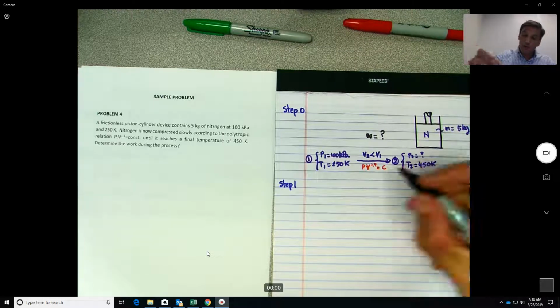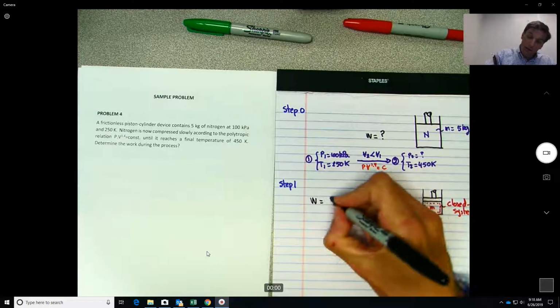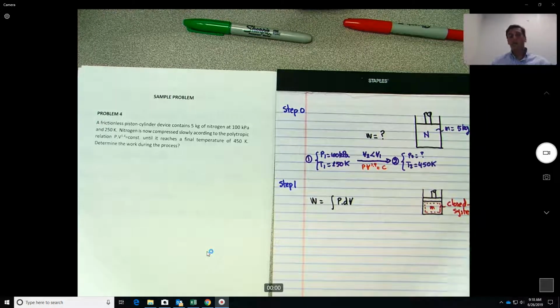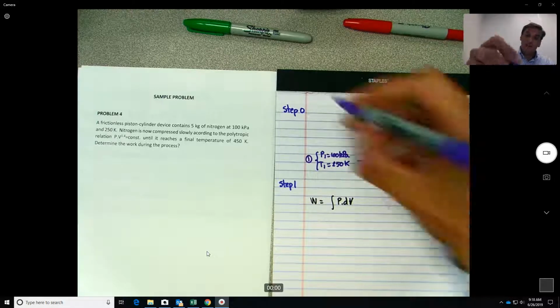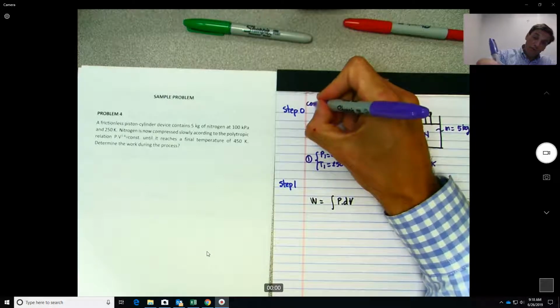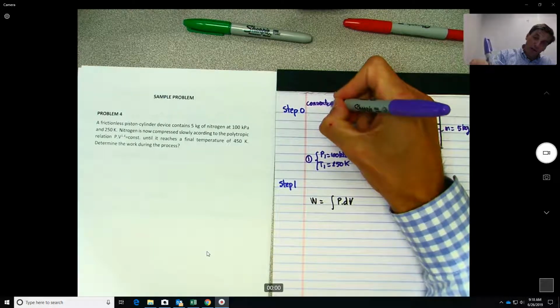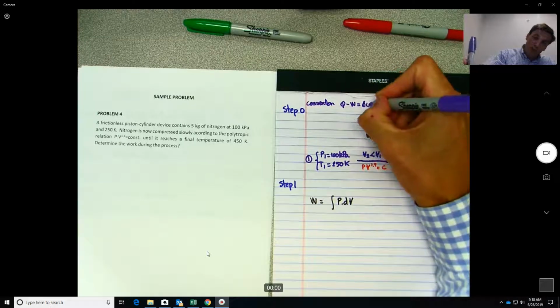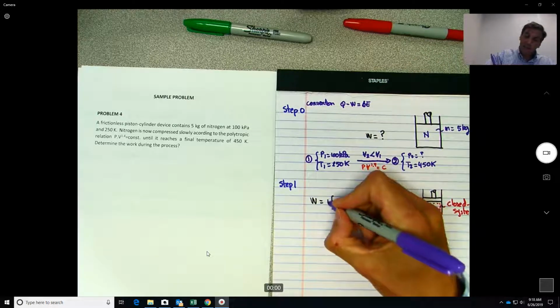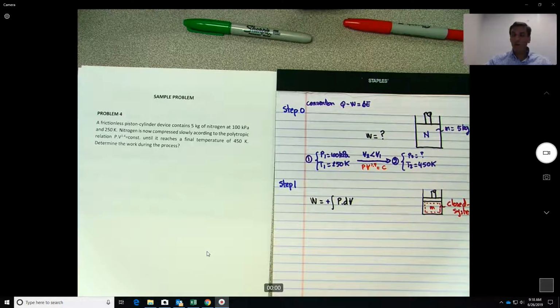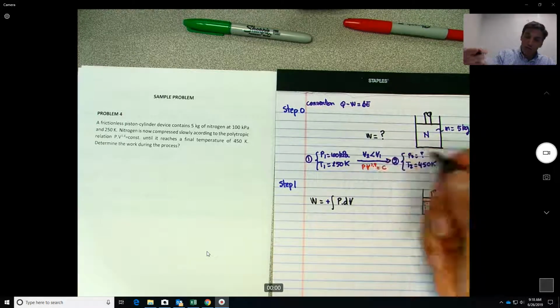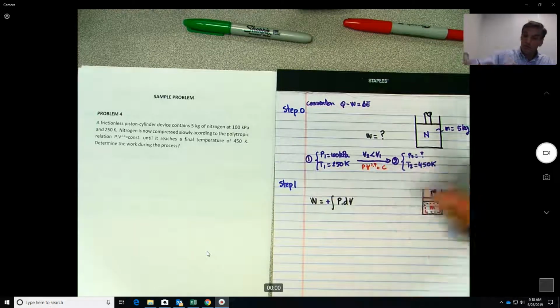So the general equation for the work is plus minus PdV, depending on the equation you use for the first principle of thermodynamics. So let's say in this case, the convention we are using is Q minus work equals change in energy. In that case, we need to use a positive one. All right, so this is the main equation.